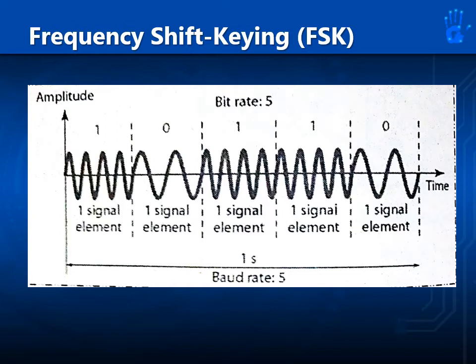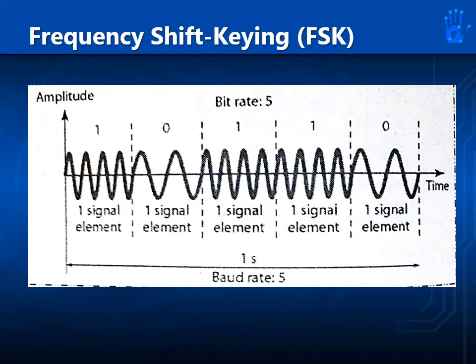This is an example of a frequency shift keying signal. As you can see, we still have our example of 10110, 5 bits in 1 second. So the bit rate is 5. One signaling element accounts for 1 bit, so the baud rate is also 5. And let's take a look at the waveform.